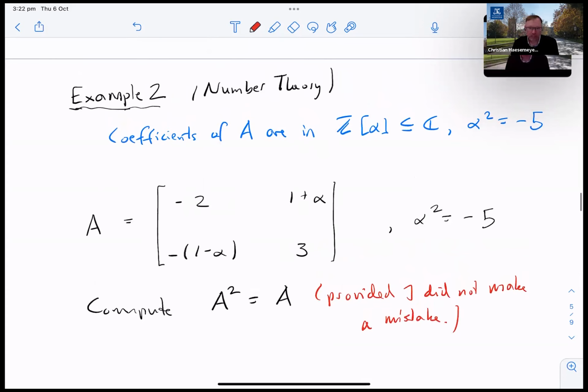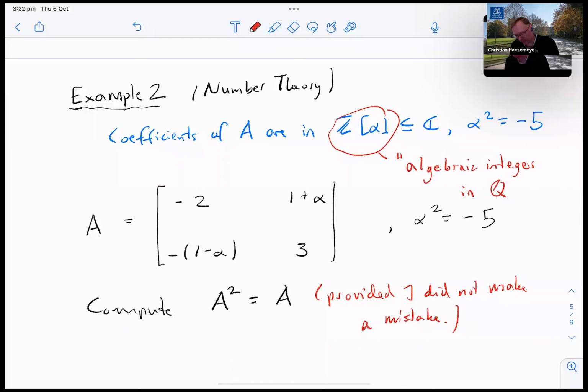Now, here the entries are not functions. They're just elements in this ring, and this ring has a name. This is the ring of algebraic integers in the number field, in the imaginary quadratic number field, Q(square root of -5).